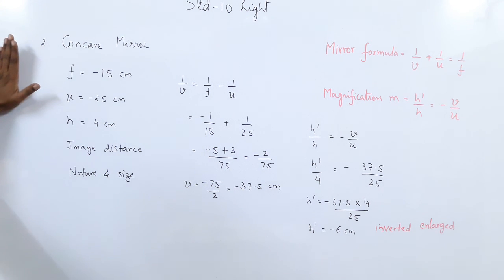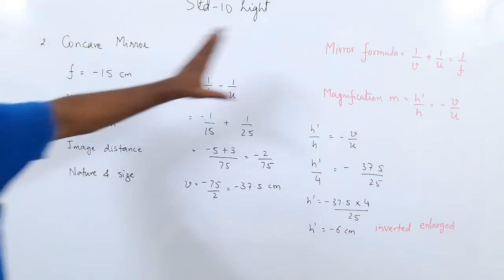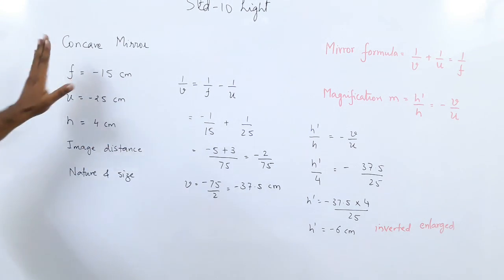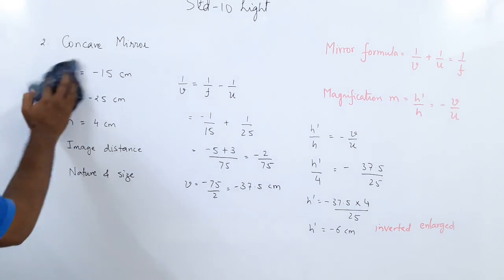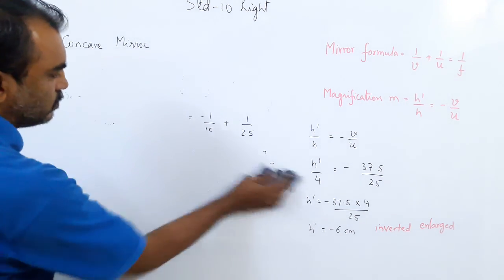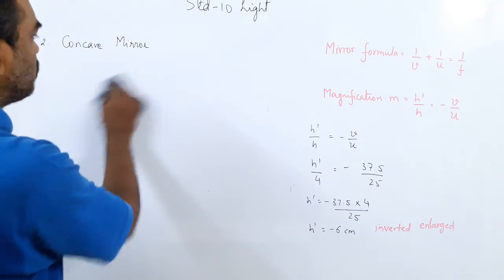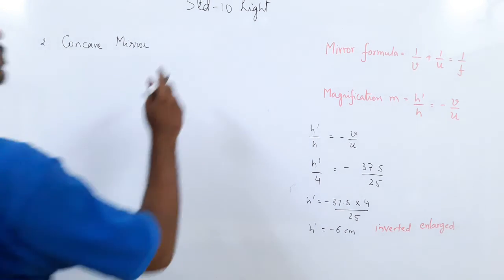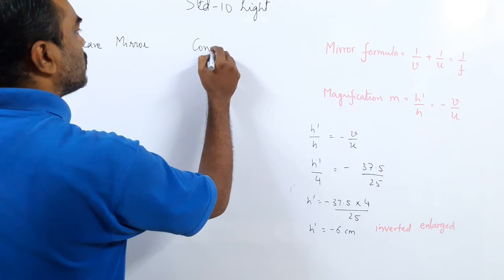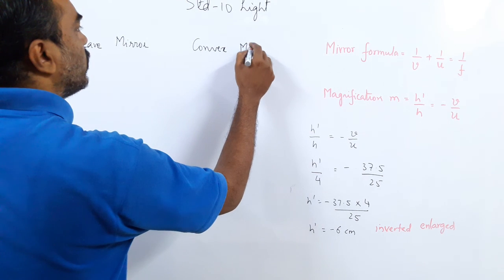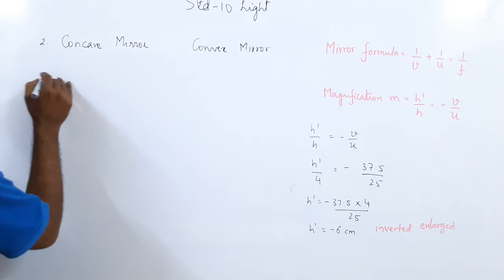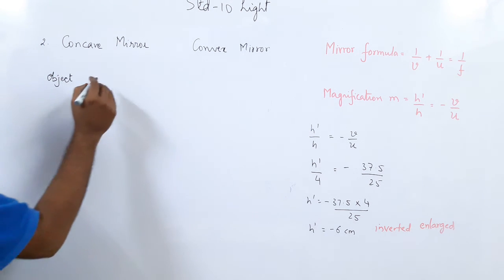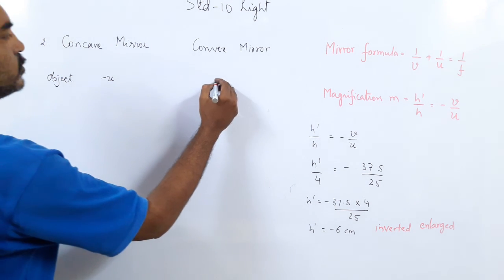But there are some things you need to remember while using this formula. This is only for the mirrors, concave mirror and convex mirror. The object in both cases is placed on the left side, so minus u.